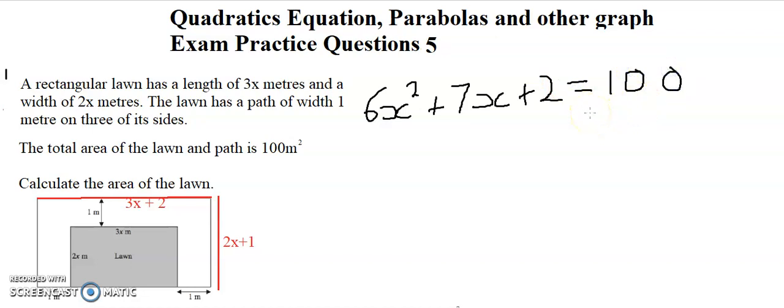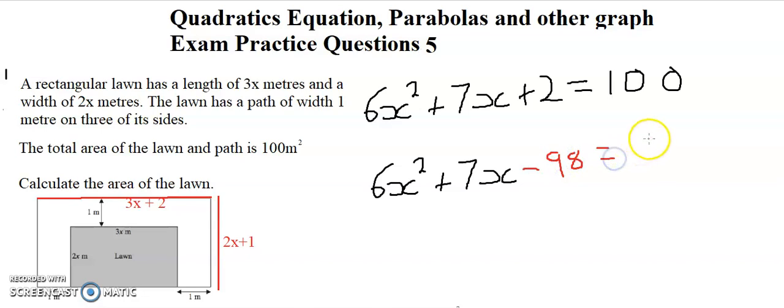So I want to get 100 onto my left-hand side, so I'm going to take 100 on both sides. That will give me 6x squared plus 7x, and 2 take away 100 is negative 98. And that is equal to 0.